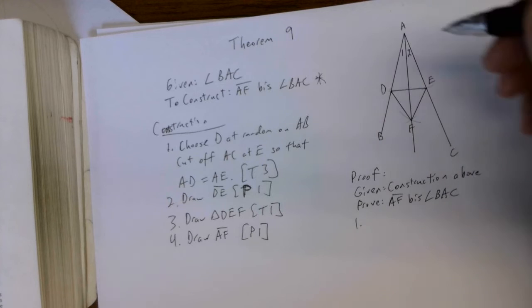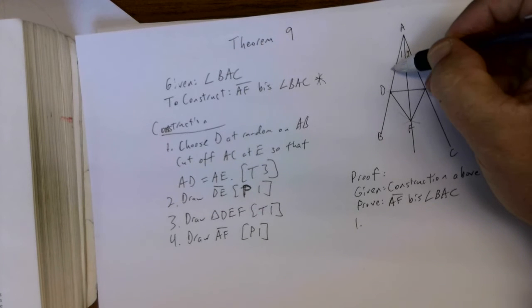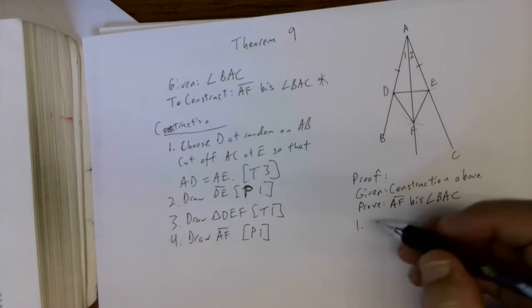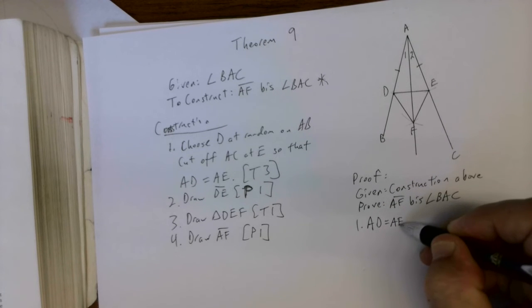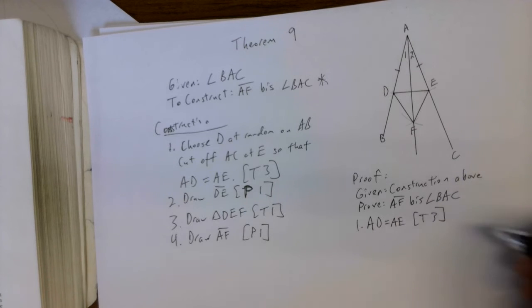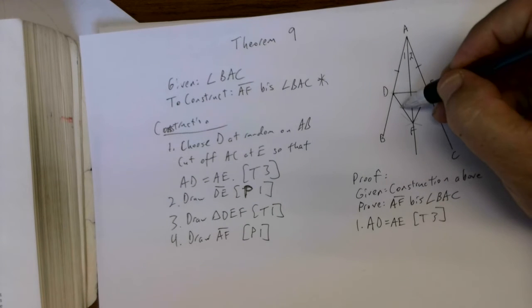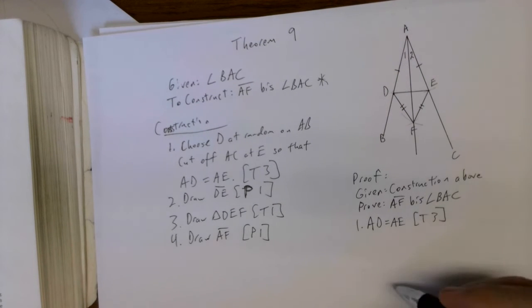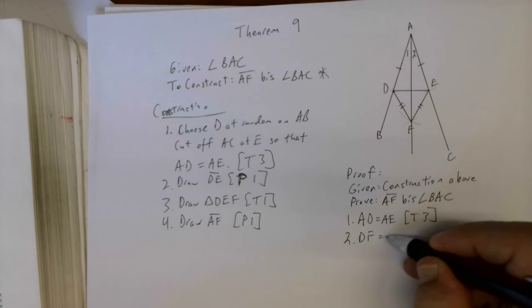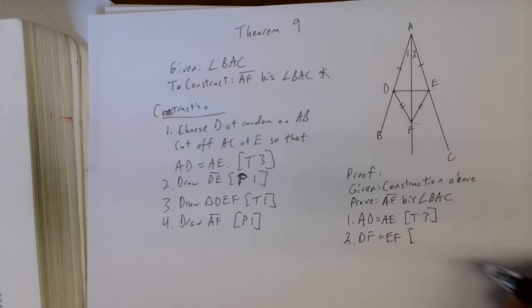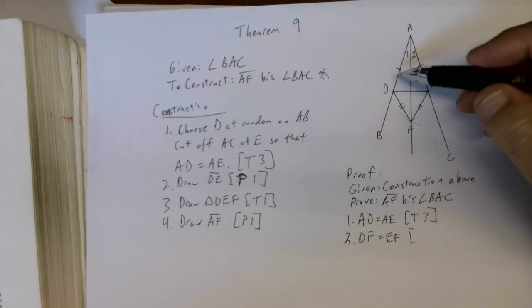Okay? So we're going to start by saying we made AD equal to AE before, so we're just going to restate that right now. That was based on Theorem 3. We're also going to say that DF is equal to EF. And where does DF and EF come from?